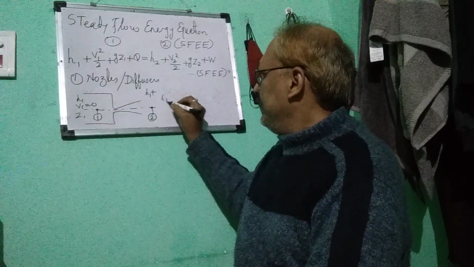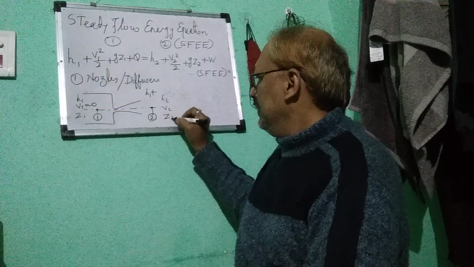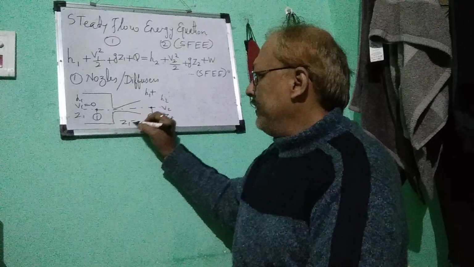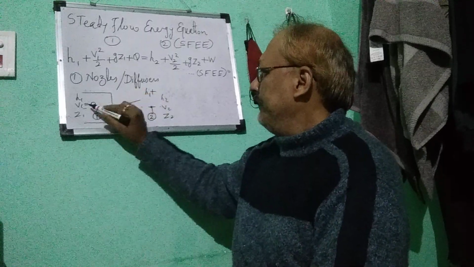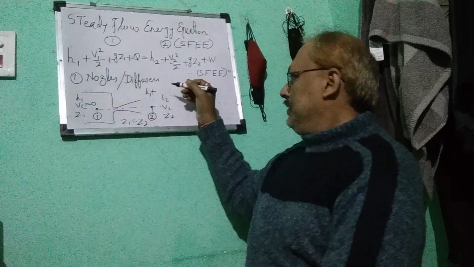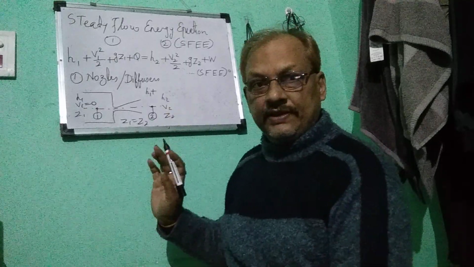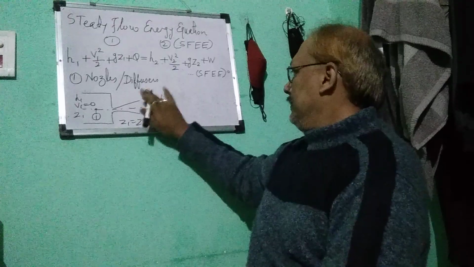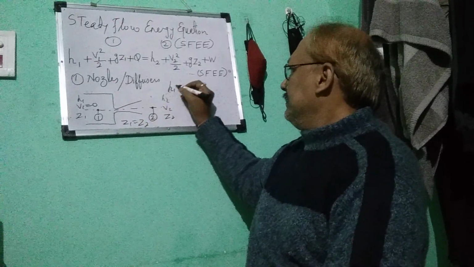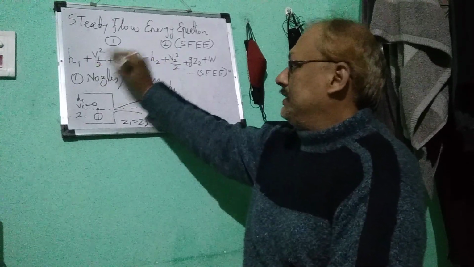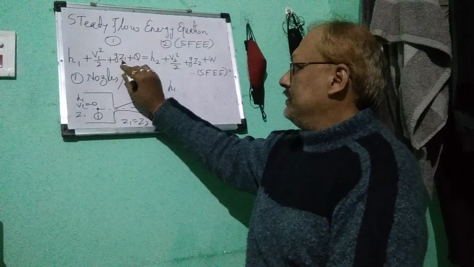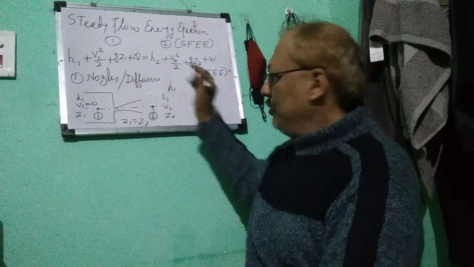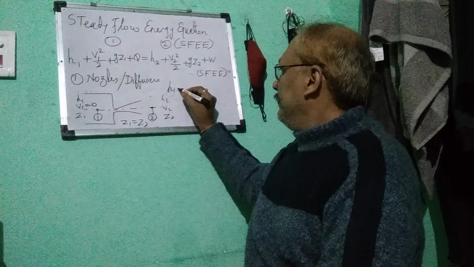Here H2, V2, Z2. So Z1 equals Z2 and V1 equals 0. So gZ1 and gZ2 will cancel out.